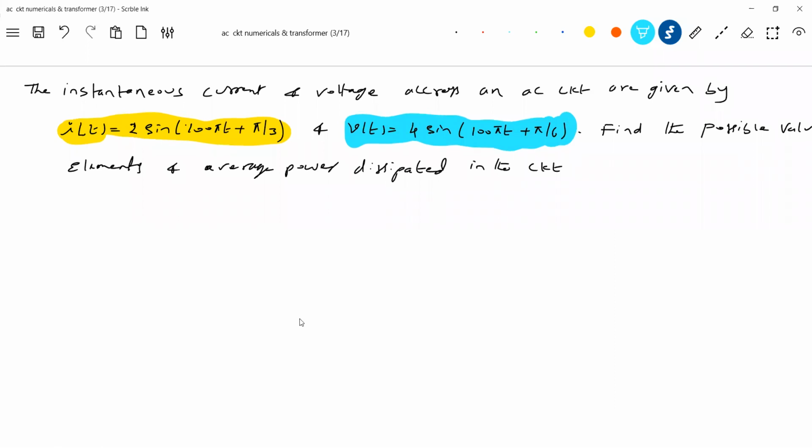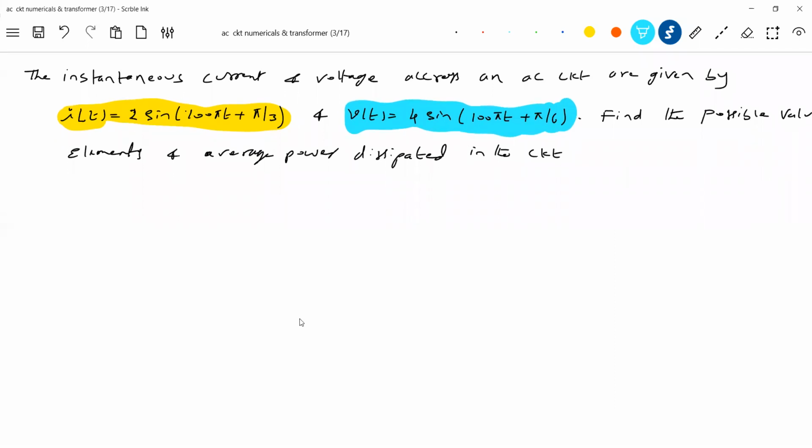Okay, he has not given any other information. Straight away he is giving instantaneous current and voltages. So this is the peak value, no? 2 ampere is the peak current. This 2 is I naught and 4 volt is V naught here. So from peak values, can we bring VRMS and IRMS?